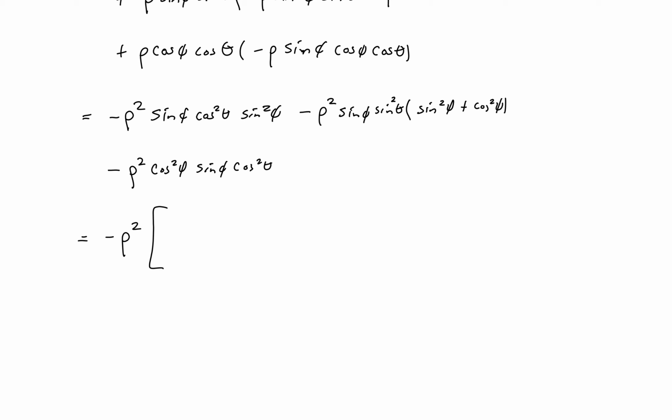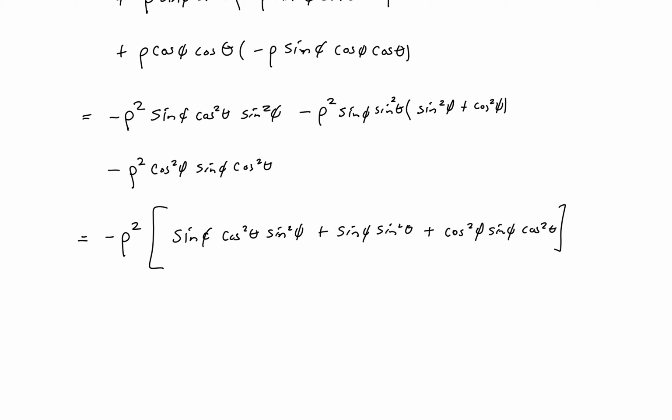Let's just bring the minus rho squared out front of everything. So I'm going to get a sine phi, a cosine squared theta, a sine squared phi, and then I have plus sine phi sine squared theta, and then I get a plus cosine squared phi, sine phi, cosine squared theta.